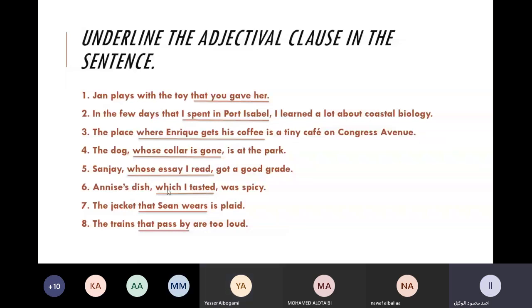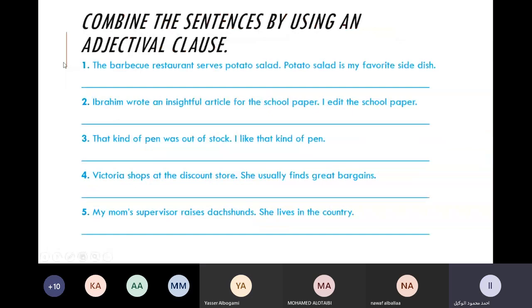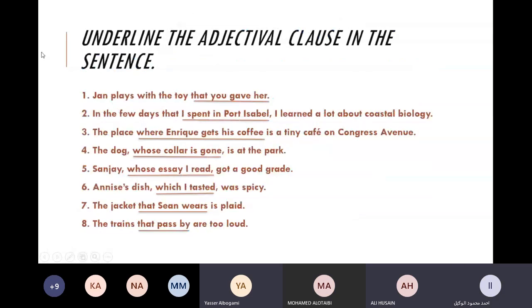All right, practice number B. Then you take a screenshot and do it as homework, and we will start with it on Sunday. You just need to combine both of the sentences using an adjectival clause. Teacher, I can't take a screenshot. Teacher, can I write the last word in the last one? That passed by.